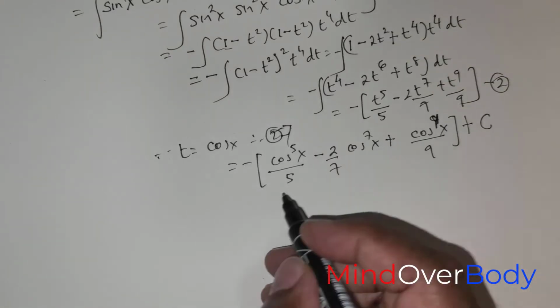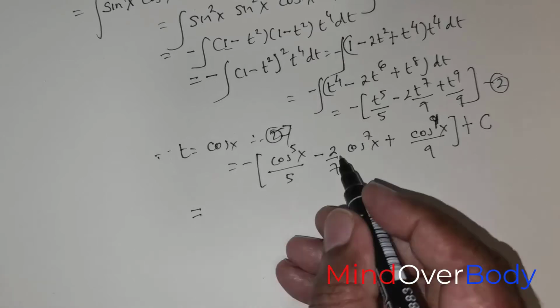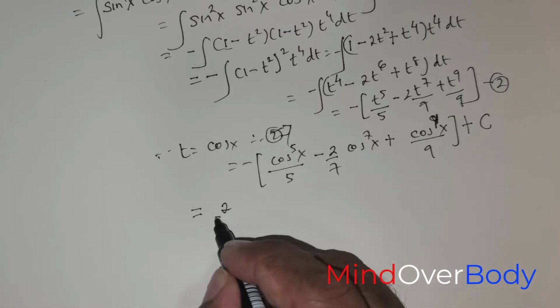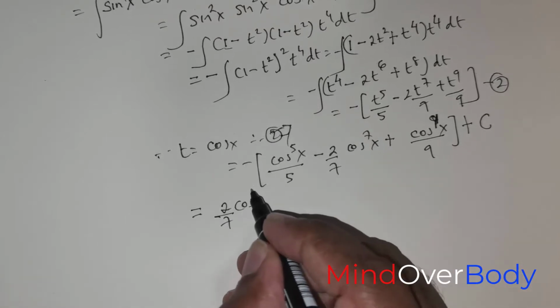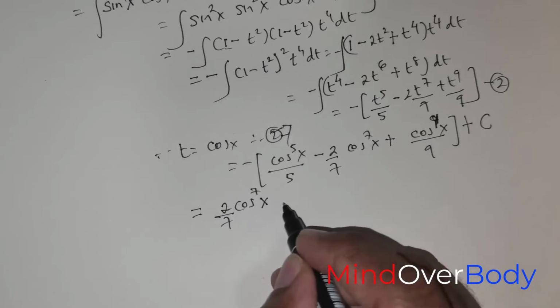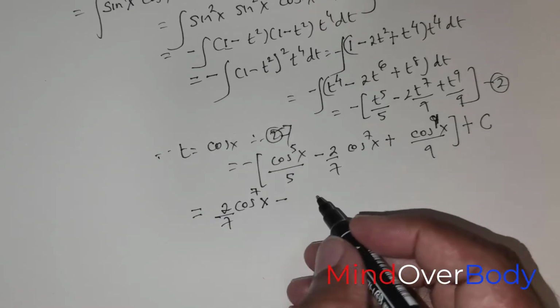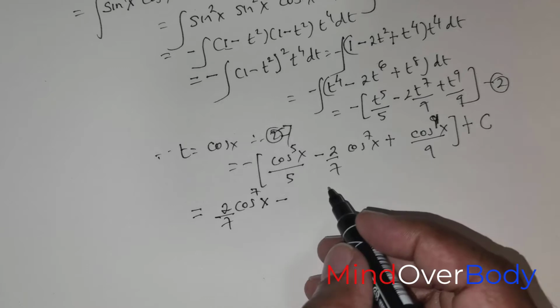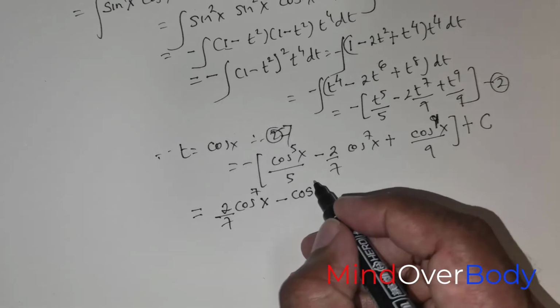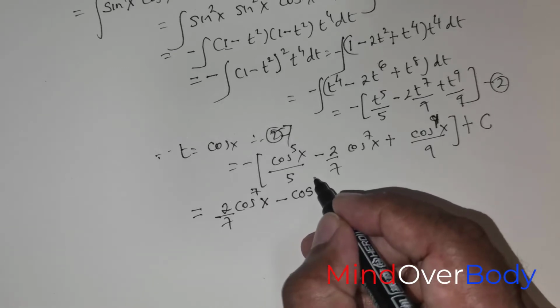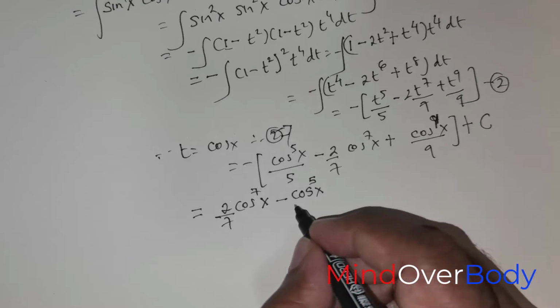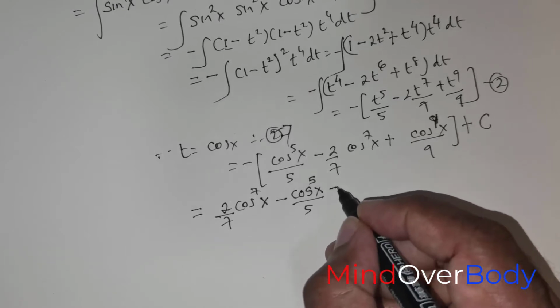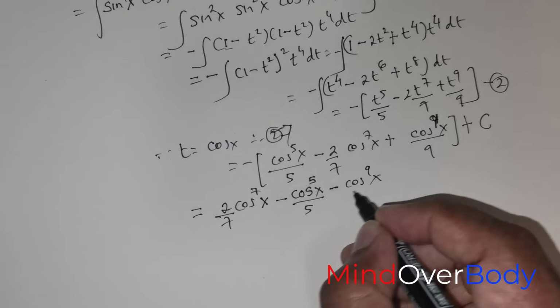Of course, if you want, you can distribute the negative sign. If I were to do that, I will start with this 2 over 7, which is a positive term, cos raised to the power of 7x, followed by everything else being negative. So this is going to be negative cos raised to the power of 5x divided by 5 negative cos raised to the power of 9x divided by 9.